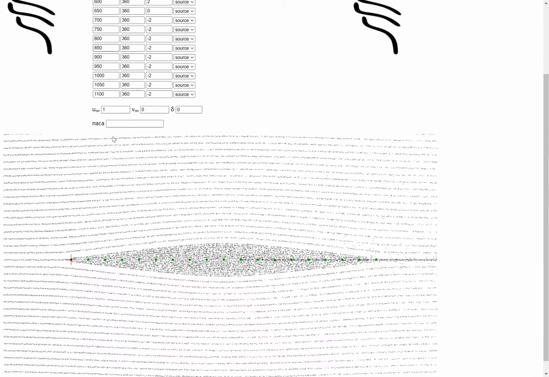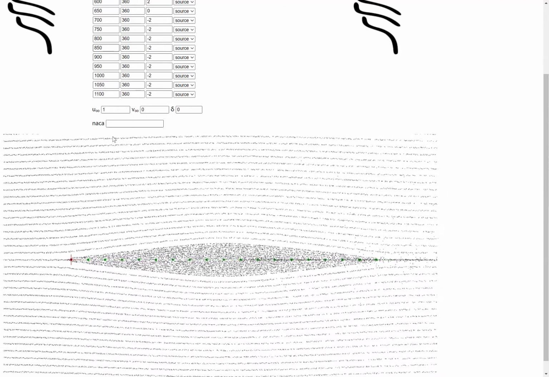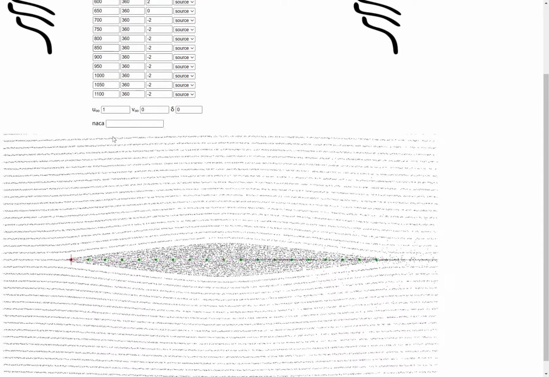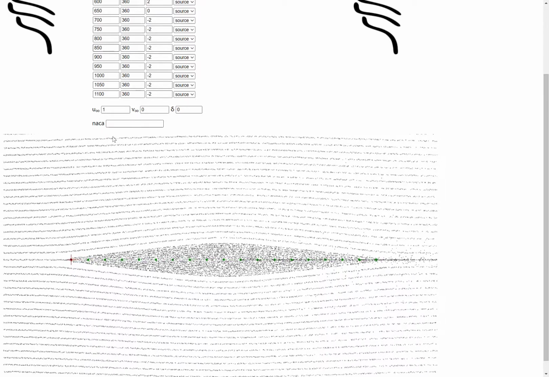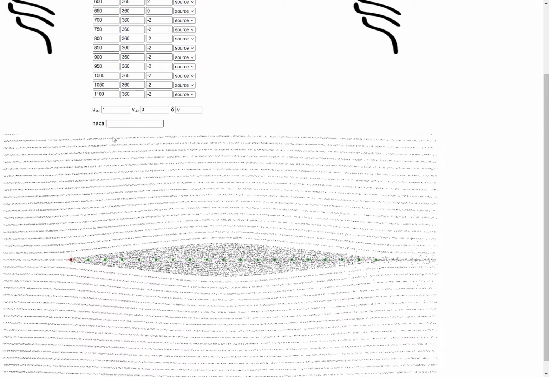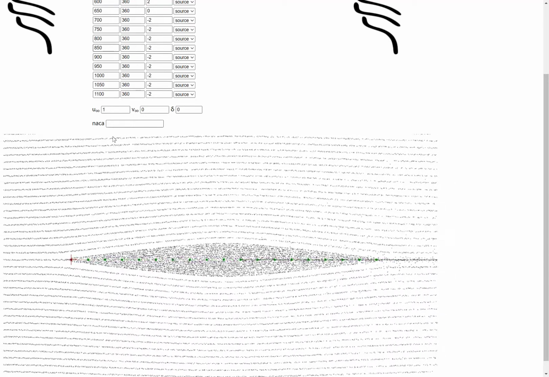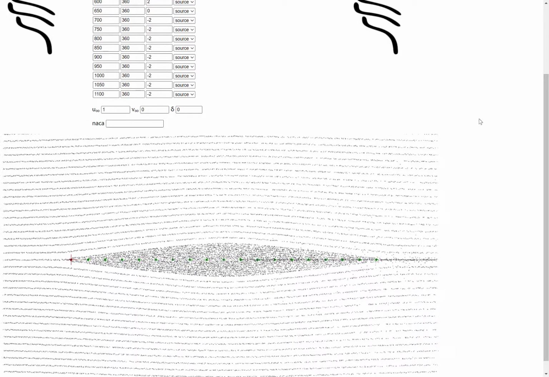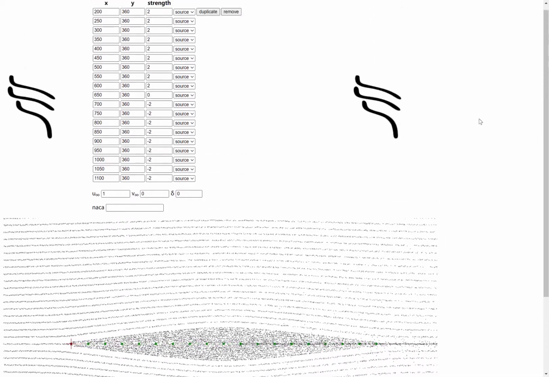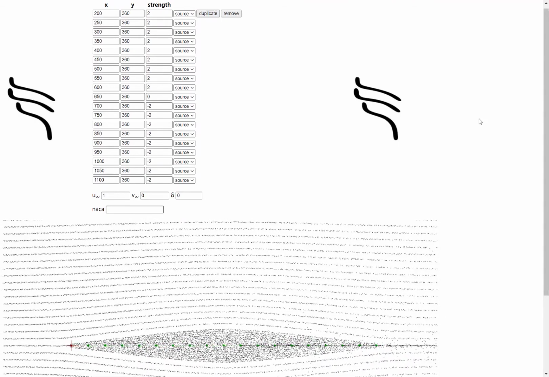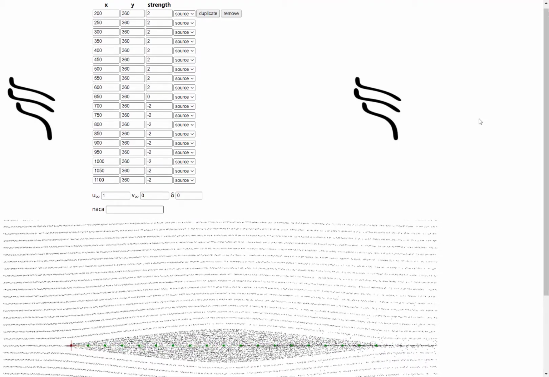Basically, it's an airfoil that thickens as you move downstream at almost a uniform rate, and then thins out towards the trailing edge, also at more or less a uniform rate. So why does that make sense? How can you correlate the shape of the airfoil with the strength of the sources and sinks?